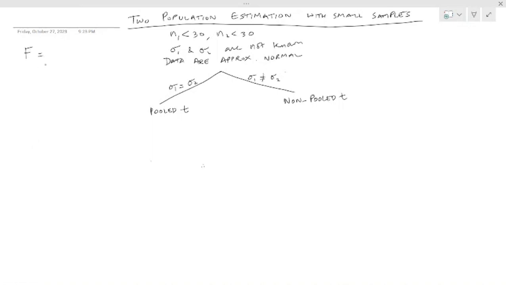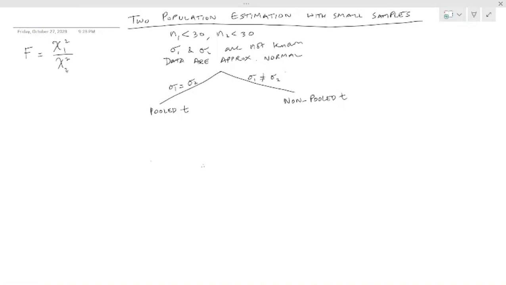Since F is comparing the variances of two populations, we need to recall which distribution we have used for estimating one population variance, and that's the chi-square distribution. Since we are comparing two population variances now, we need to consider two chi-squares, chi1 square and chi2 square.